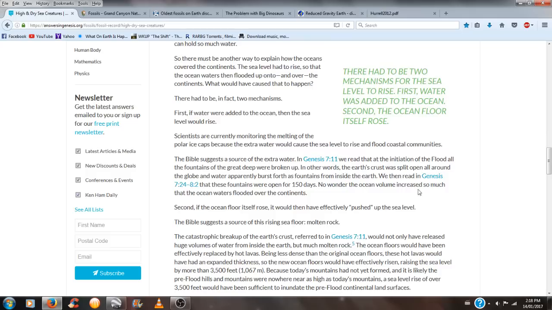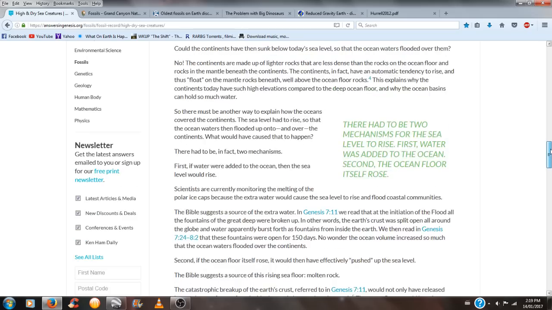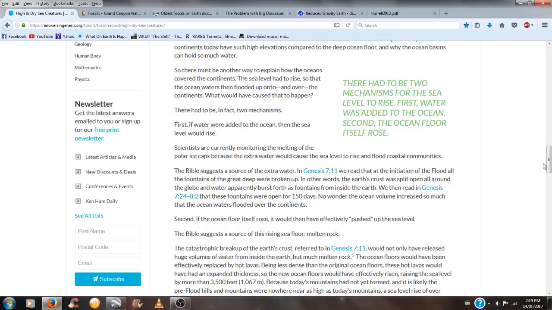No wonder the ocean volume increased so much that the ocean waters flooded over the continents. So, during that flood, it wouldn't have surprised me that this was caused by the expanding Earth. And maybe during certain times in history, this can explain great cataclysms, right?